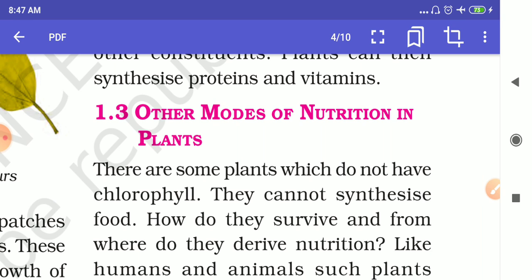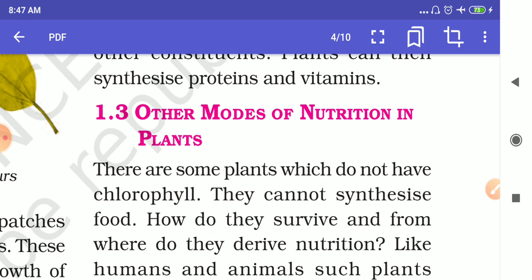Today we will discuss the heterotrophic mode of nutrition in plants. Most plants are autotrophs, that is, they prepare their food themselves. But you will find some plants that cannot prepare their food themselves and are dependent on other green plants and animals for their food.